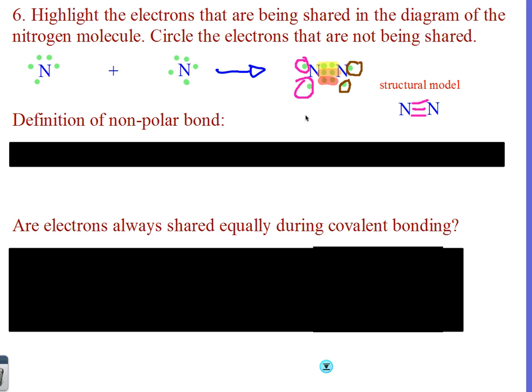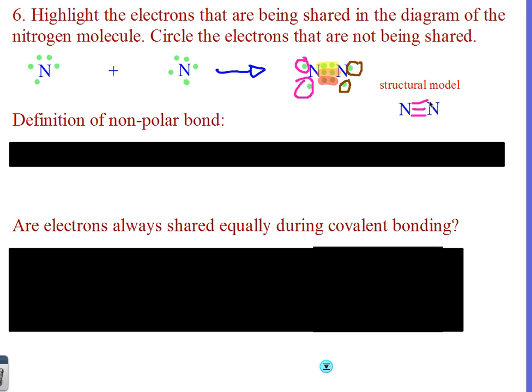That makes a triple covalent bond. Notice the nitrogen molecule has 1 triple covalent bond, 3 shared pairs, a total of 6 electrons shared between the 2 nitrogen atoms. You have to please be able to go back and forth to make that connection.